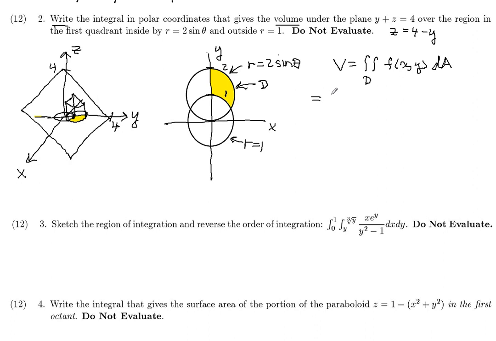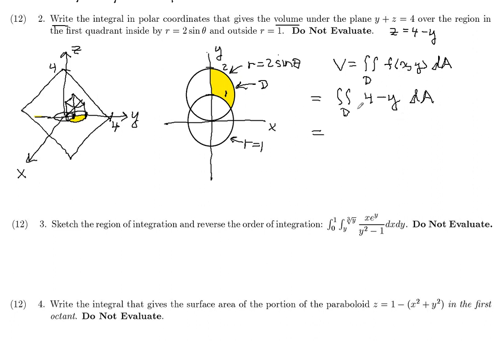Then our function here is 4 minus y. So this is going to be the double integral over D of 4 minus y dA. Our domain of integration here is a polar region, so this is going to be nicer to do in polar coordinates.